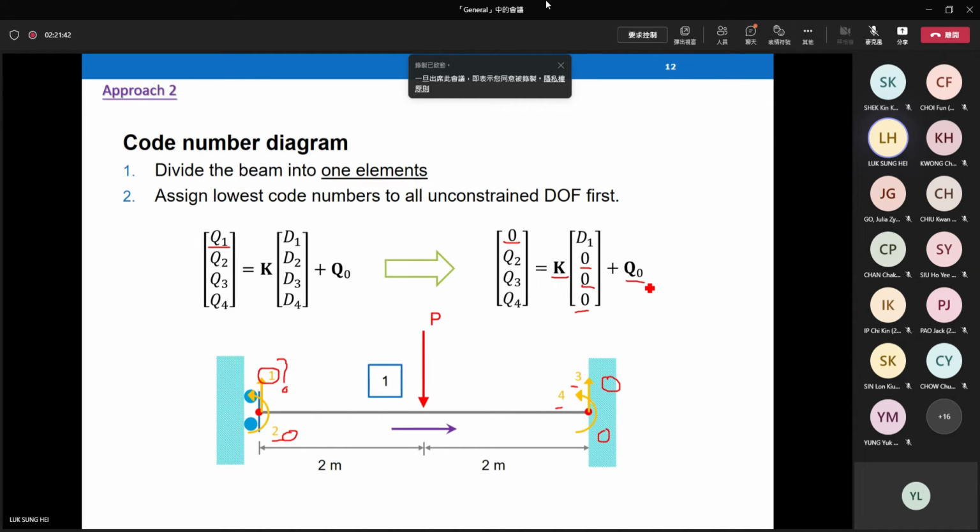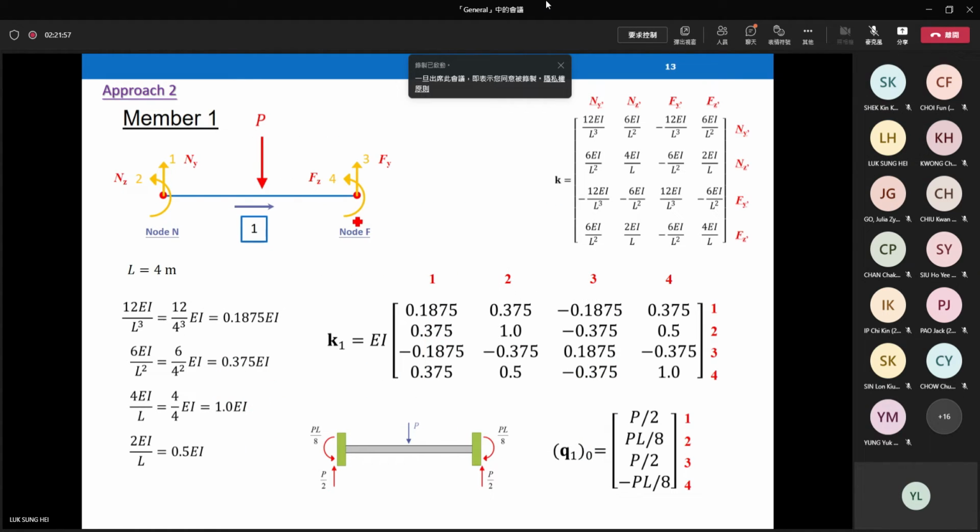You can use the fixed end force diagram that I provided in the lecture notes, for a fixed end beam under a concentrated load at midspan. Then you can convert the fixed end force and fixed end moment back to vector form: force, moment, force, moment.